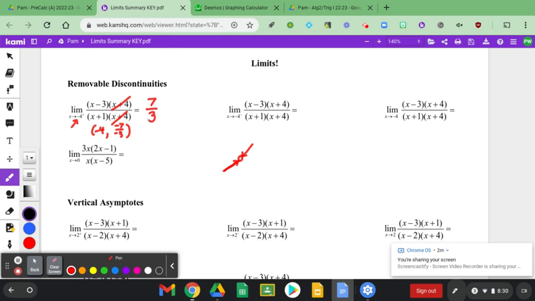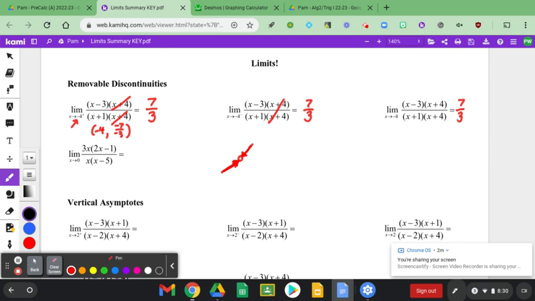My limit is going to be 7/3 there. So that was from the right. I showed from the left as well. Again, it's still going to approach that same exact y value, which means this limit is also 7/3. Because the limit from the right and the limit from the left are exactly the same, the limit as x approaches -4 does exist. It's 7/3.